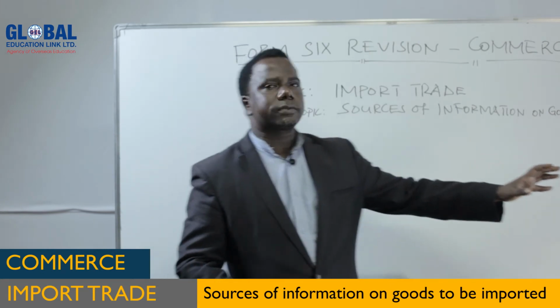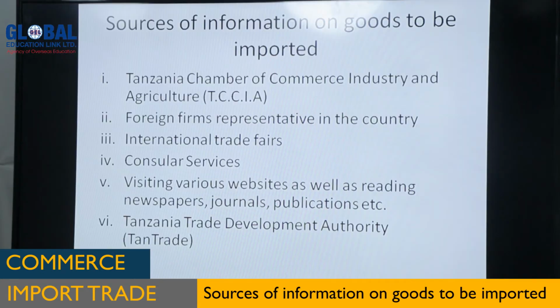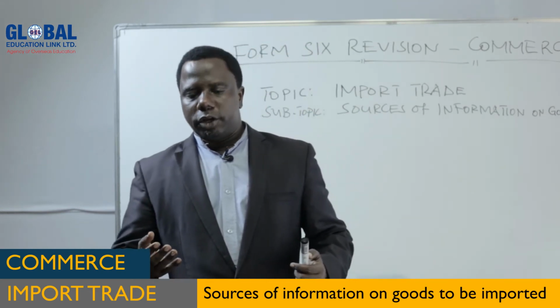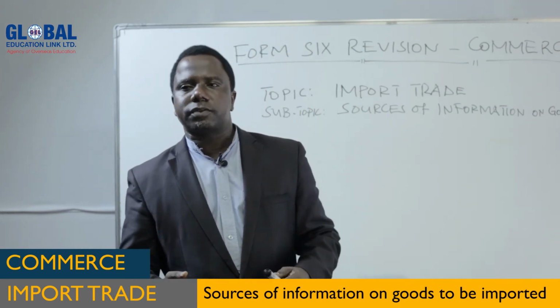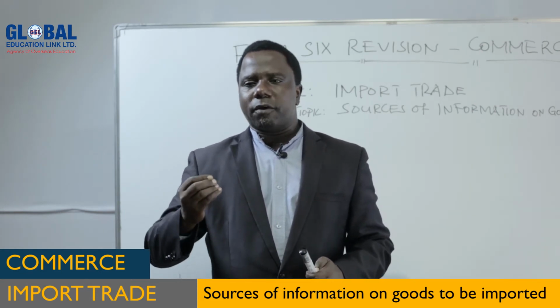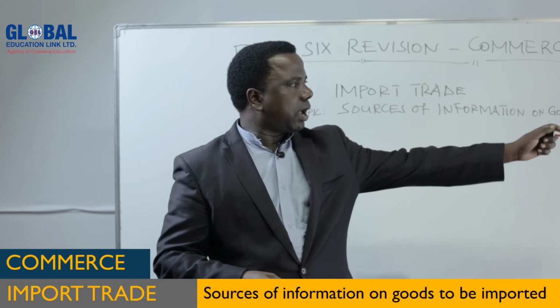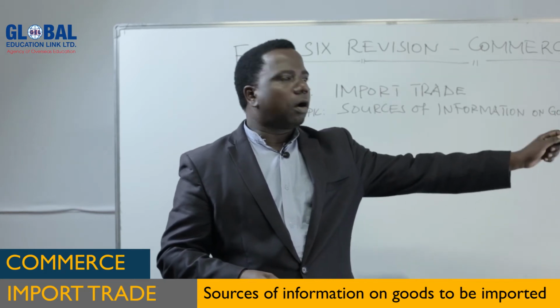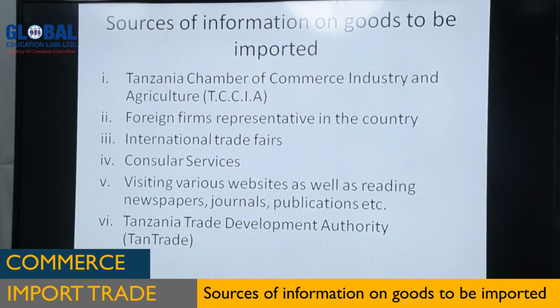So my dear students, these are the main sources of information for an importer. If you want to import goods from other countries and are not aware where you can get information, these are the basic sources.